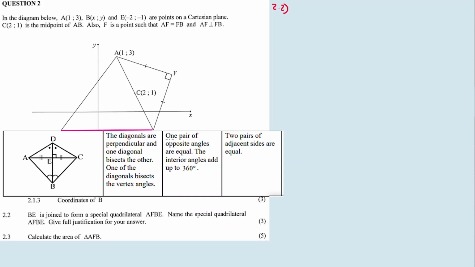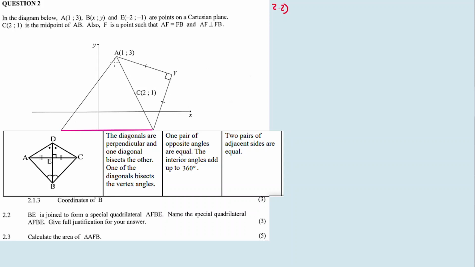It says one pair of opposite angles are equal. The interior angles add up to 360 degrees. We cannot use this property either. Why do I say so? Because we only have one angle.